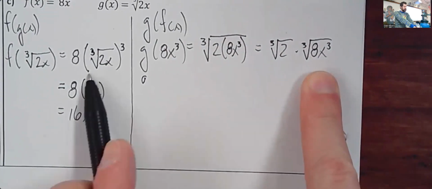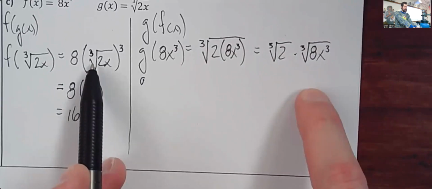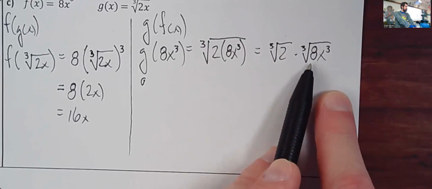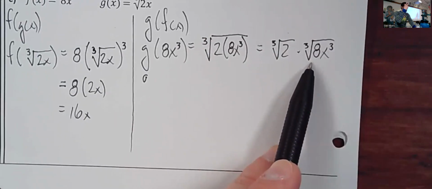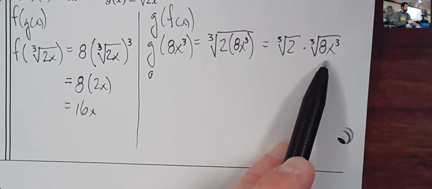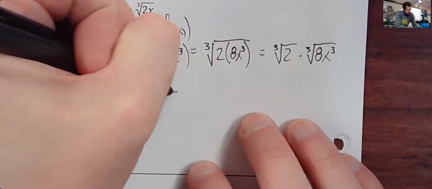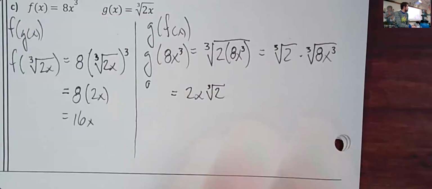Because we did the cube root of 2x cubed over here, which is basically this. The cube root of 8 is what? 2, right? What's the cube root of x cubed? x. Okay. So that means this is going to equal 2x times the cube root of 2.